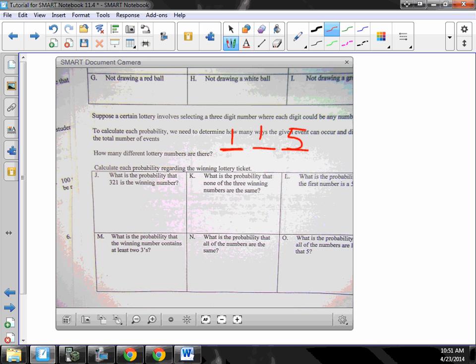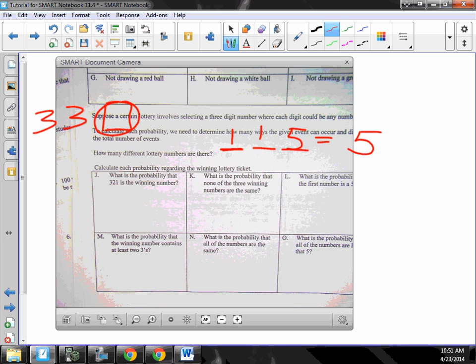So this represents 330 something. And there are 5 ways to do a 330 something. So this is a total of 5 options.